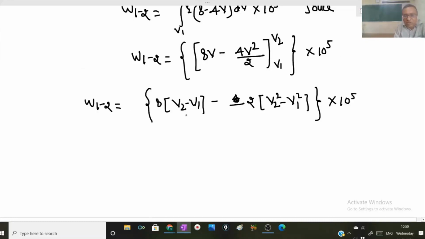Now V2 is to be calculated. V1 value is given and work done value is given. So W12 is given as minus 150 kilojoule, whereas I am considering in this formula the unit of work done in joule.